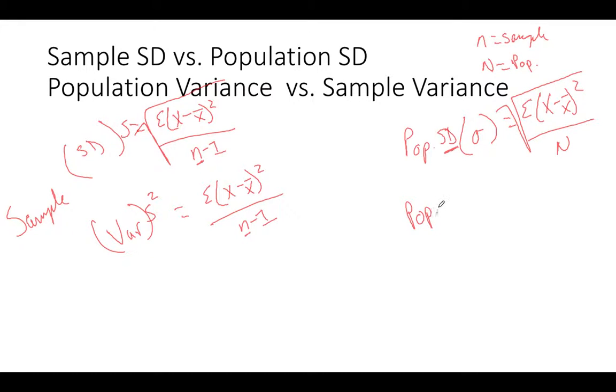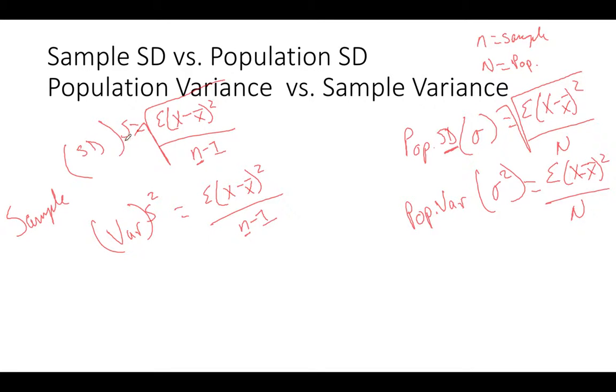So our population variance, or what we call sigma squared, is going to be the exact same formula: the sum of my squared deviations divided by capital N. But now you'll notice there's no square root associated with that formula. And again, the reason is that it wants to interpret our results using squared scores.